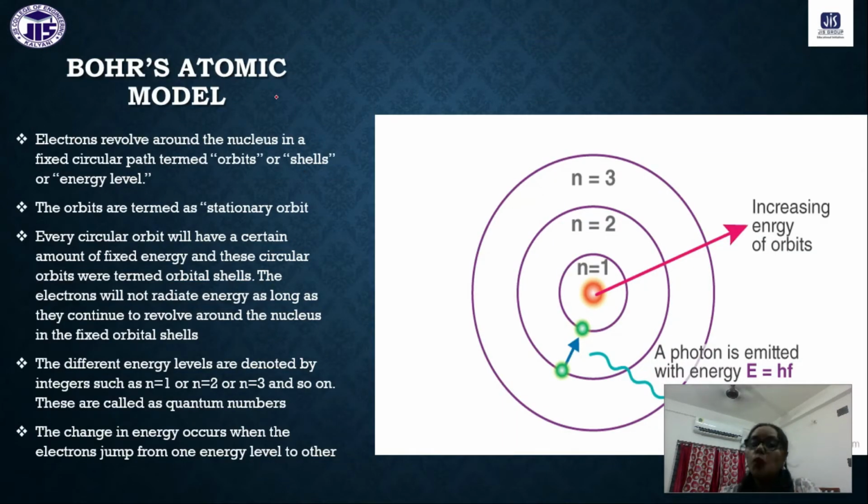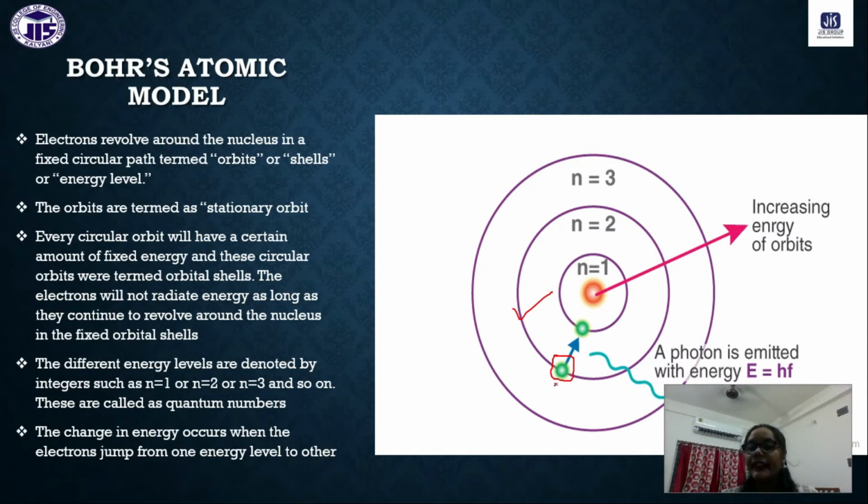Now we have Bohr's atomic model. According to Bohr, electrons revolve in a specific track, a specific orbit, with a specific angular momentum, that is mvr, and mvr equals nh by 2 pi. He also stated that while revolving around the nucleus, the electron does not emit electromagnetic radiation continuously.